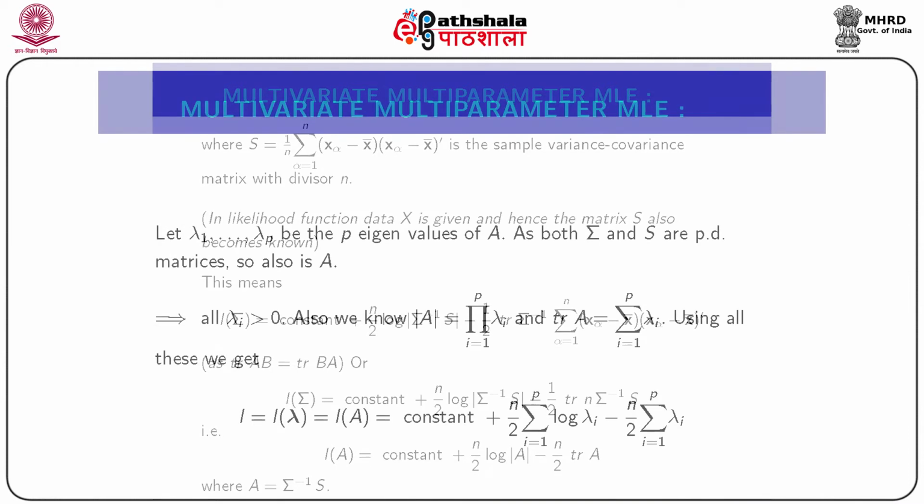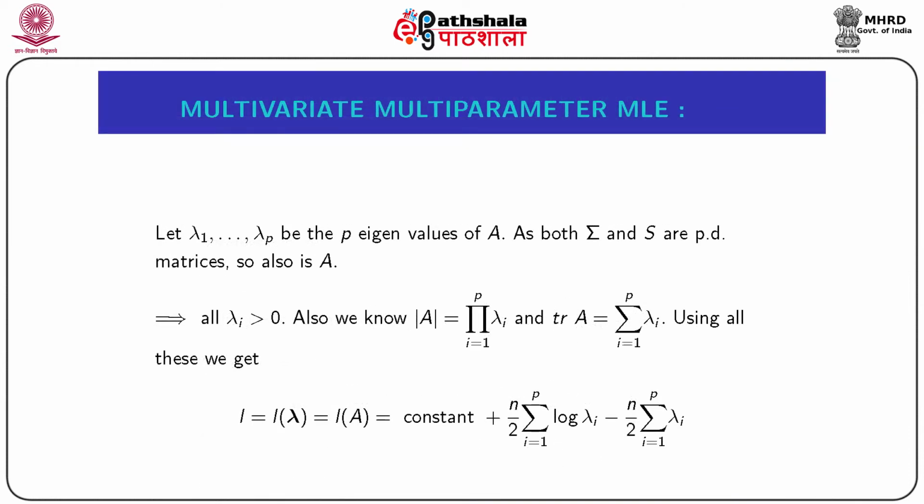matrix A. Now, let lambda 1, lambda 2, ..., lambda p be the p eigenvalues of the matrix A. As both sigma and S are positive definite matrices, so also is A. This implies all the eigenvalues lambda i's are positive.